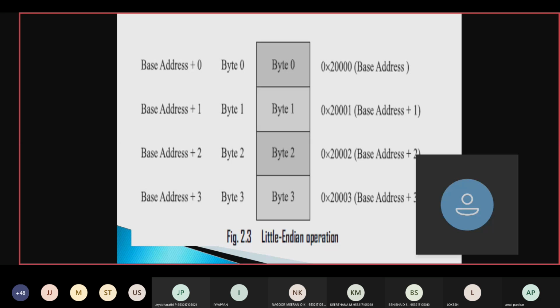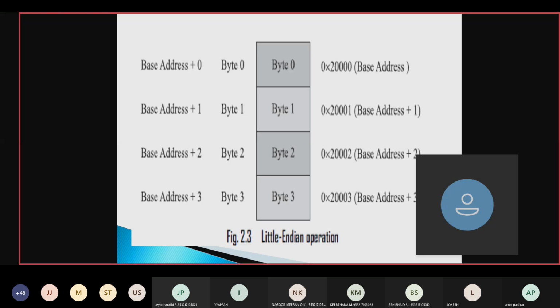If I take the memory locations, let us say the memory location starts with 2000. According to little endian, the lower order byte of the data is stored in the memory at the lowest address. So we have memory addresses 2000, 2001, 2002, 2003, like that.